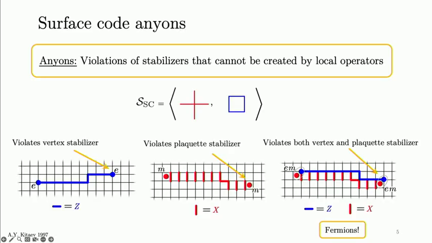For this crowd, I'll define anyons to be violations of stabilizers that cannot be created or destroyed by local operators. The surface code exhibits 4 types of anyons. There's the trivial anyon. These are violations of stabilizers that can be created and destroyed by geometrically local operators.